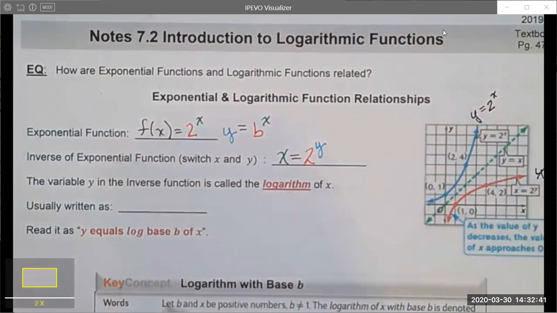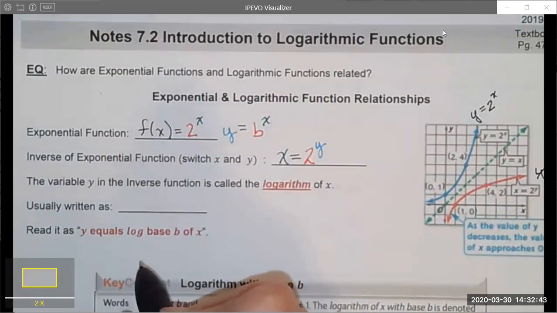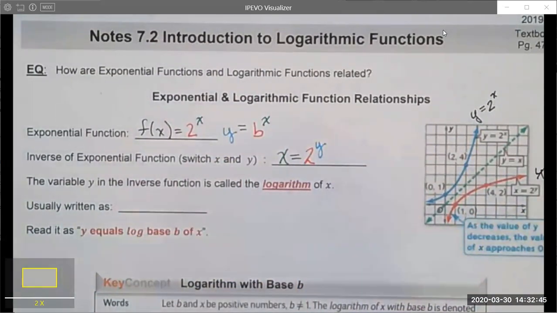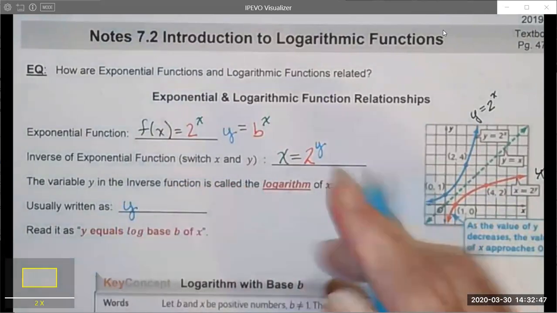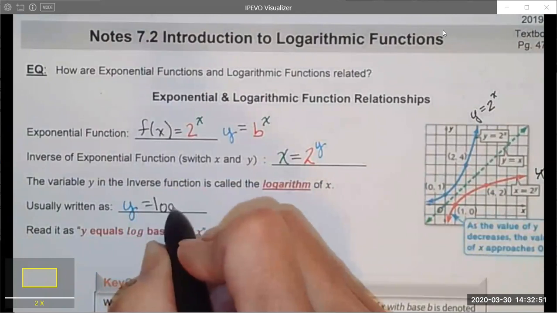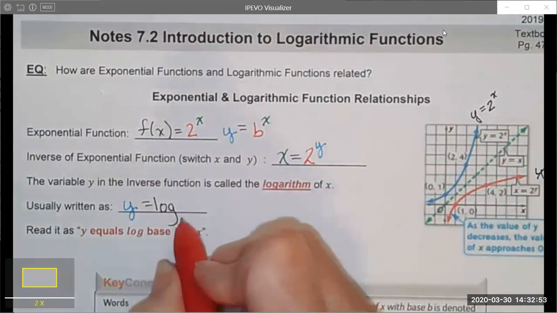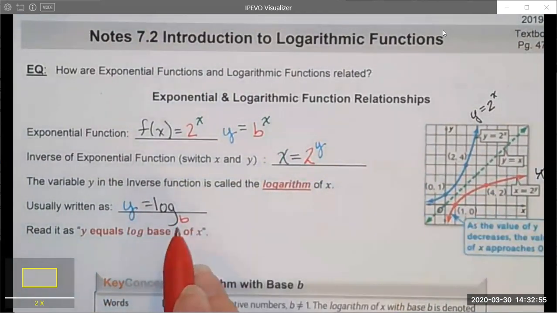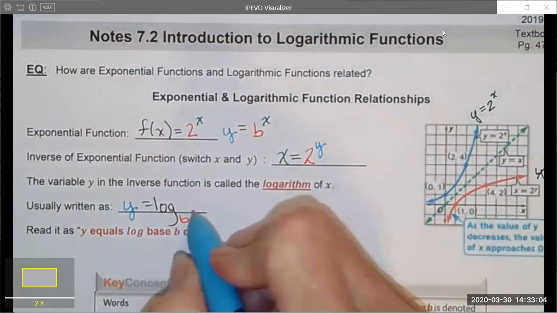Logarithms are used all over the place, and so they have their own notation. We say that that exponent y is actually the log to base something. In our case it was 2, but it could be any number. Log base b of x.